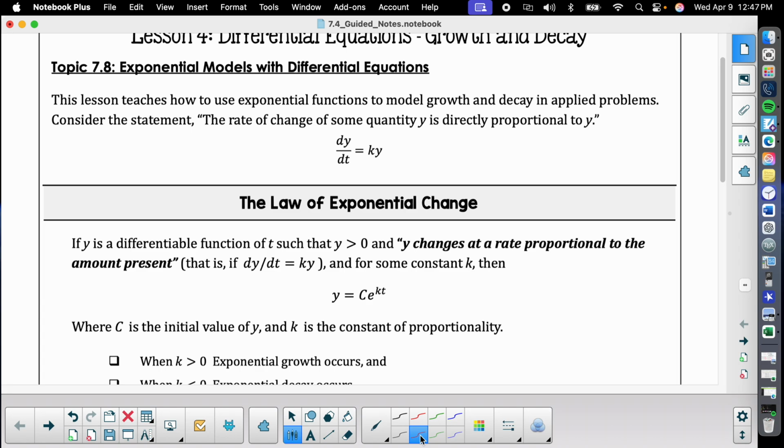So all of growth and decay. That encompasses a lot of things. Radioactive dating, Newton's law of cooling. I imagine it's Richter scale, decibels, all that kind of stuff.